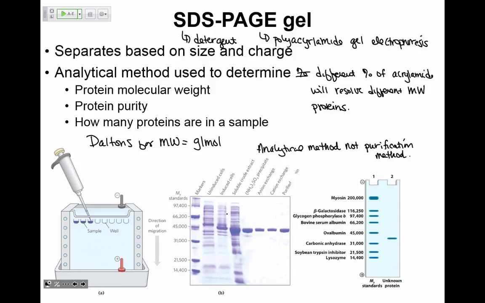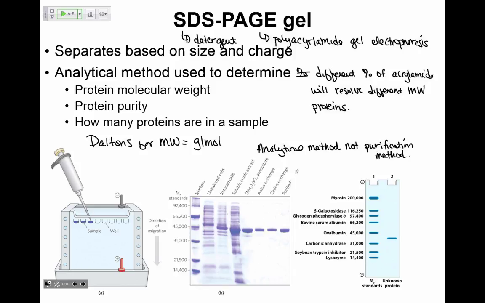You put an electric potential, and the negative will go to the positive electrode. This is different from gel filtration in that the smaller molecular weight compounds are at the bottom. So if you want to think about it, they elute first. On your gel, it goes from high molecular weight to low molecular weight.